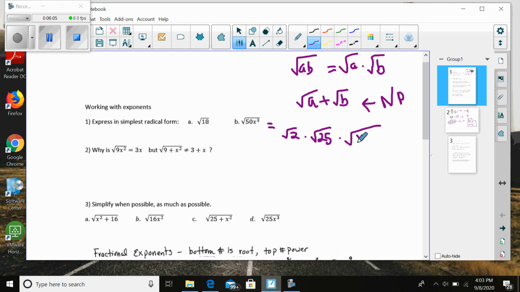That's x times x times x. And anytime I have a partner, right, values with a partner, they come out front. And then I know the square root of 25 is 5, right? So 1x will come out front. And what is still left is the 2 is still under the radical, and so is 1x.